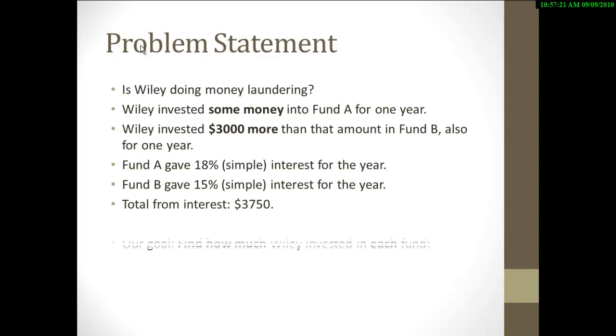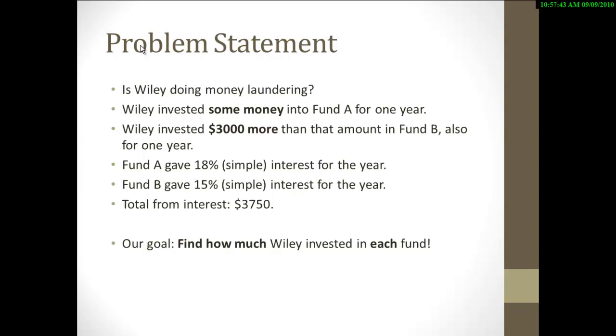And what our goal is going to be is to find out how much Willie invested in each fund. Okay, so we've got all this information: some money in Fund A, $3,000 more than that amount in Fund B, 18% interest for Fund A, 15% interest for Fund B, $3,750 for the total from interest.